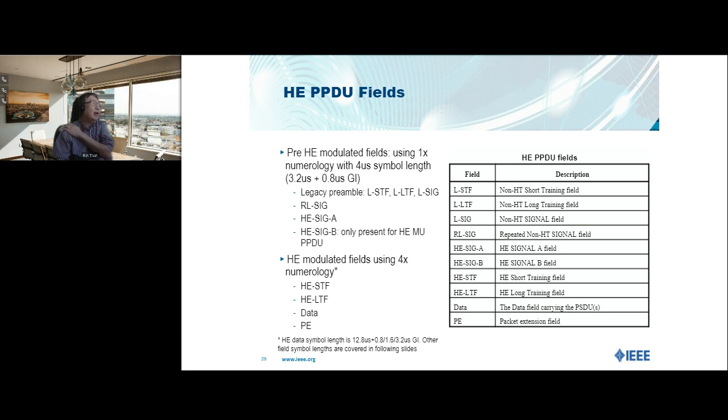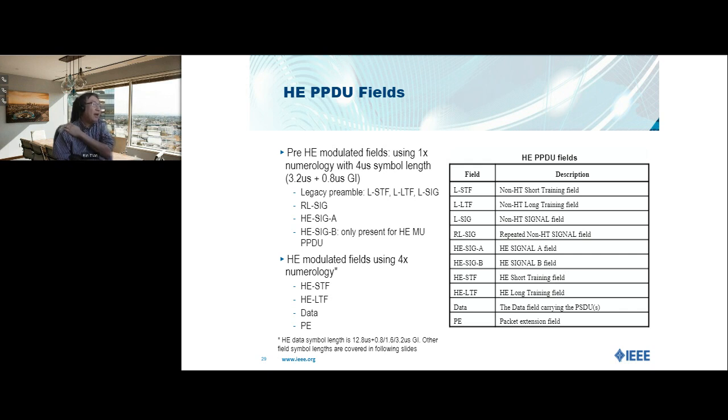And this part includes L-STF, L-LTF, L-SIG. By the way, in the right-hand table, we spell out the meaning of each acronym. It also has RL-SIG, HE-SIG-A, HE signal field A, and HE signal field B, okay?